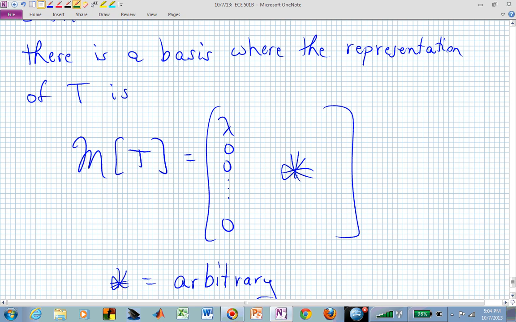Theorem 510 just said we can find an eigenvalue for a linear operator. So we know that we can have this relationship: AV is equal to lambda V, where A is our matrix.